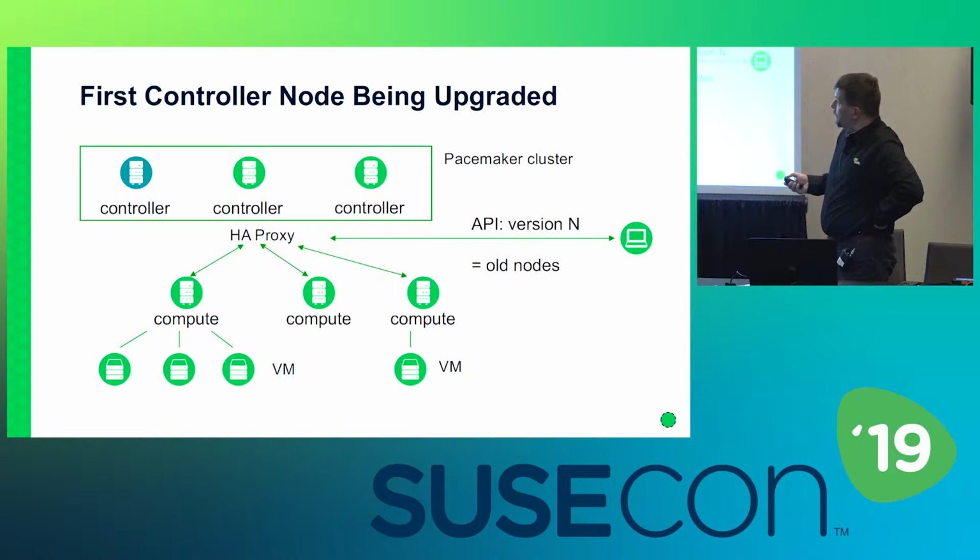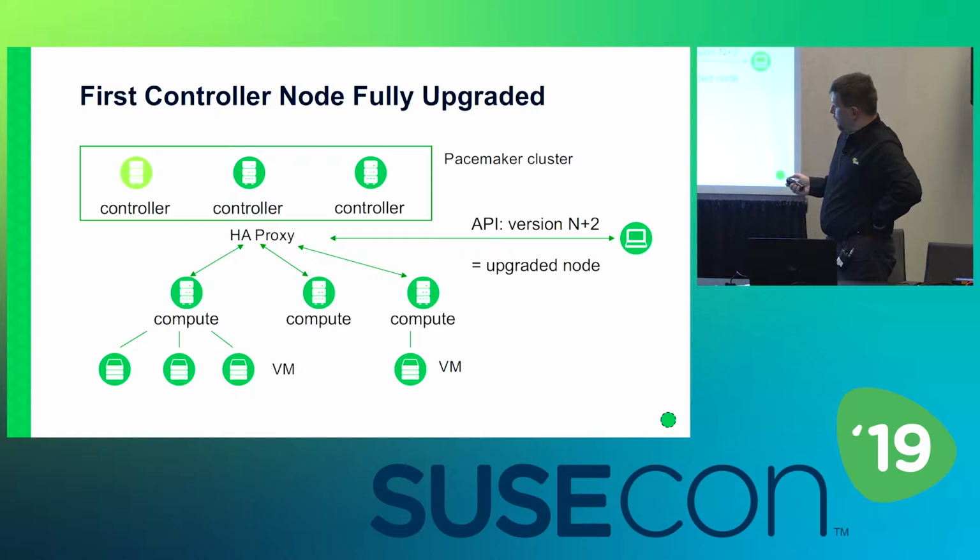While we are upgrading the first controller node, we can still provide the API. I call it version N, basically the old version, and that could be provided by the nodes of the cluster that are not yet upgraded. These are basically the old nodes.